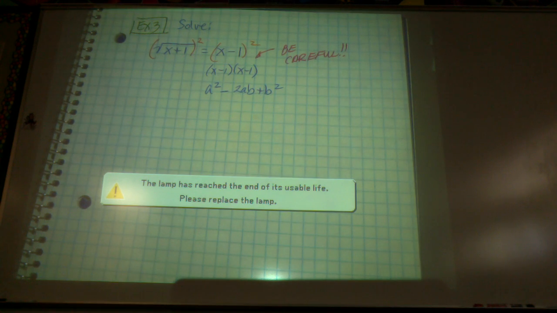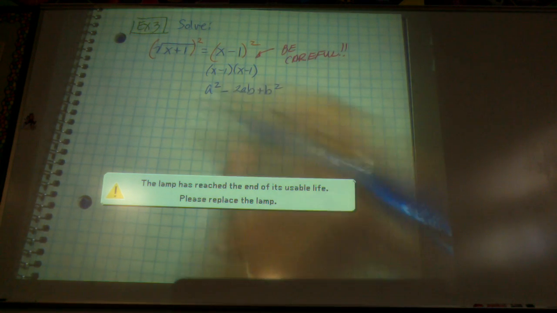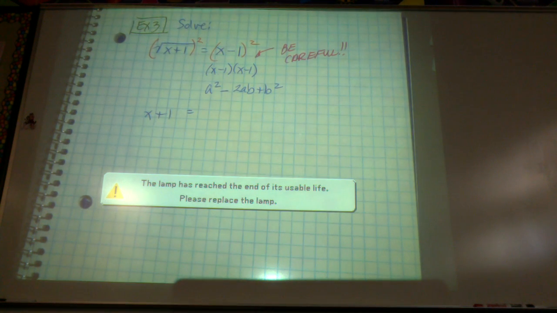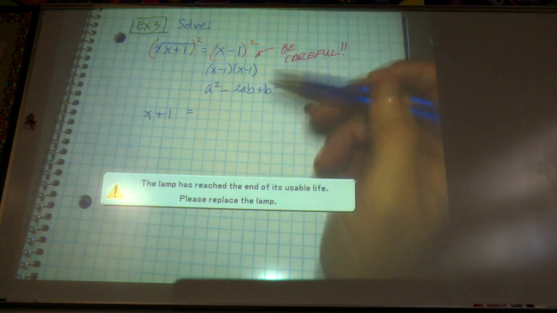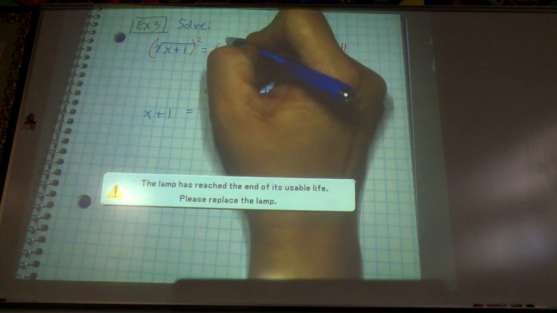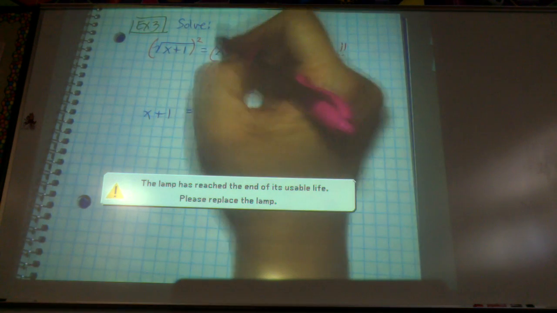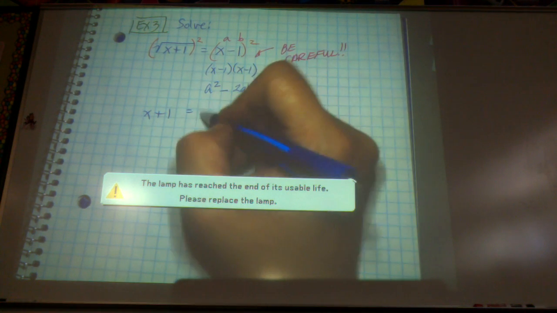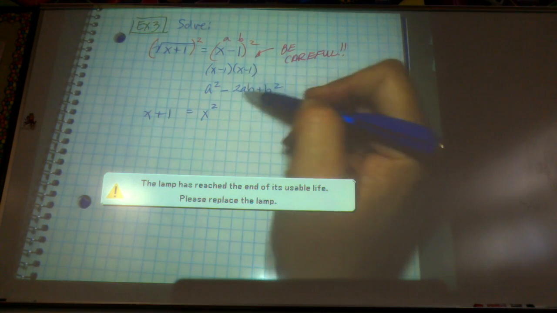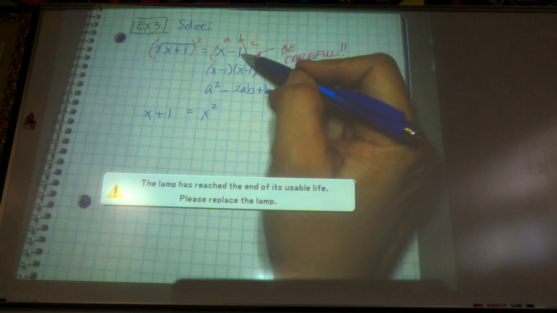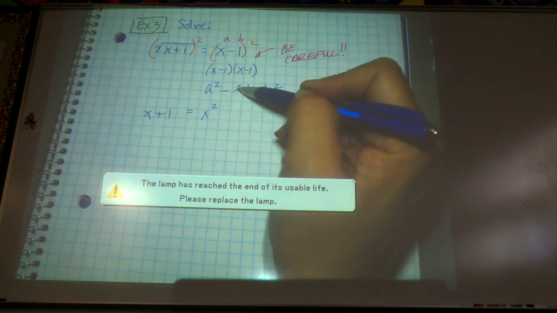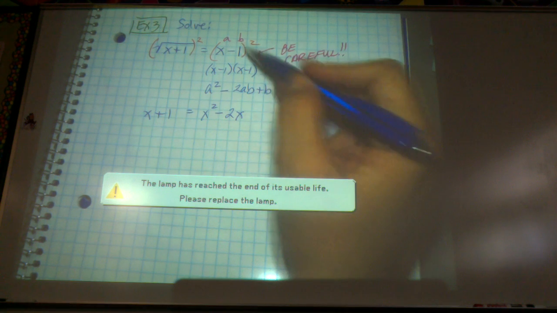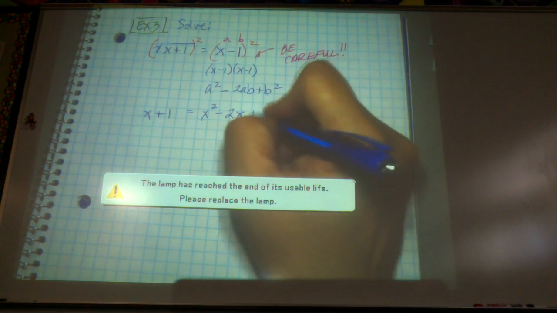So whichever way that you do it, after you square both sides, the left side becomes x plus 1 equals, and the right side becomes a squared, because this is your a, and this is your b. So if I square the x, I get x squared. A times b, x times 1 is 1x, times 2 is 2x, and I have a minus, so minus 2x. And then b squared is 1 squared, plus 1.